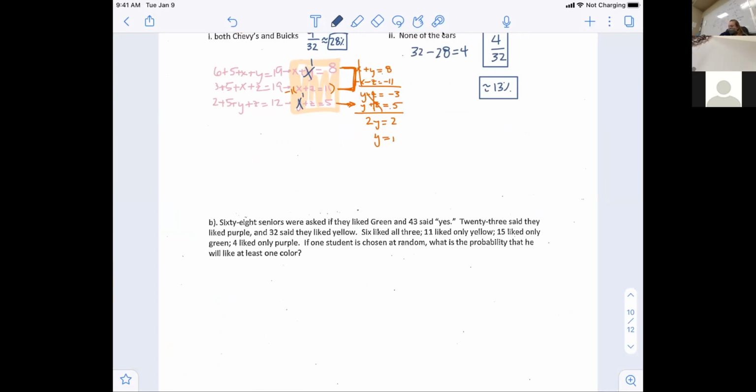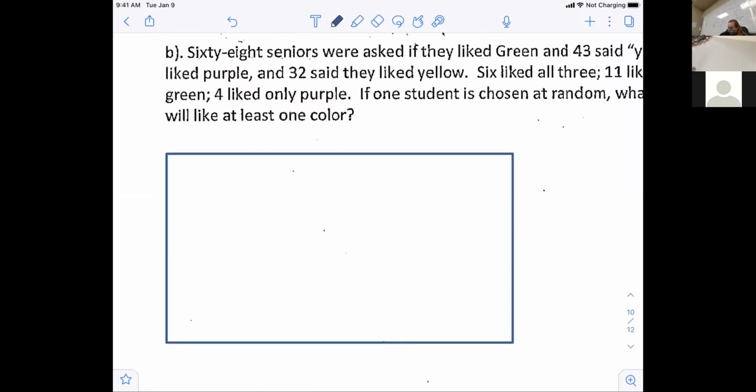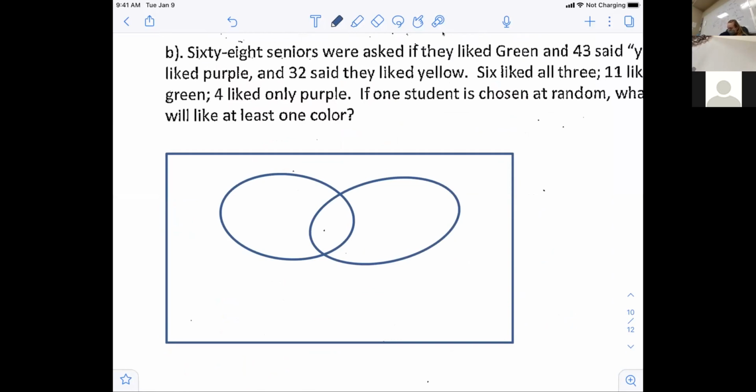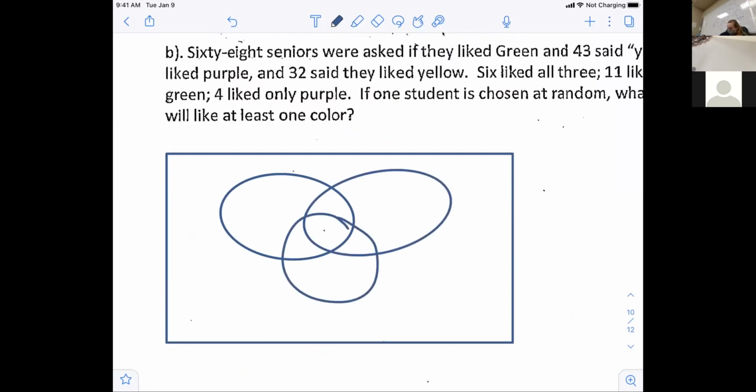Okay, so if I'm going to make my Venn diagram, green is a thing. And it said that we asked 68 seniors. So we have to write 68 on the outside because that's the total number of kids that we're looking at, 68.